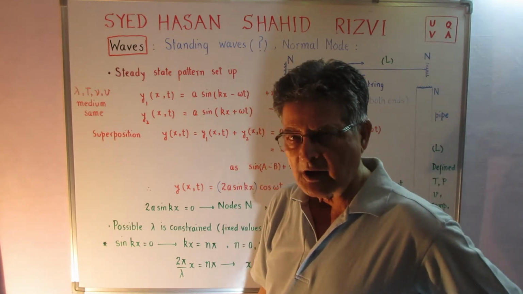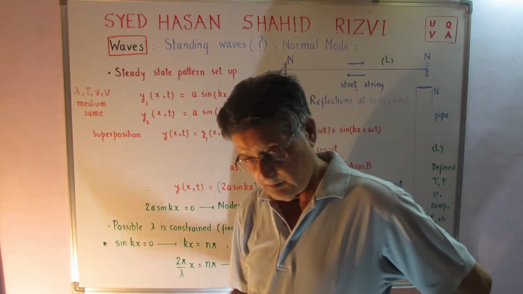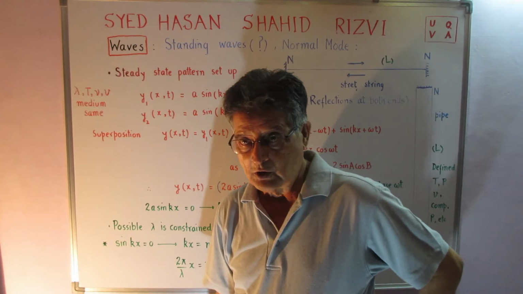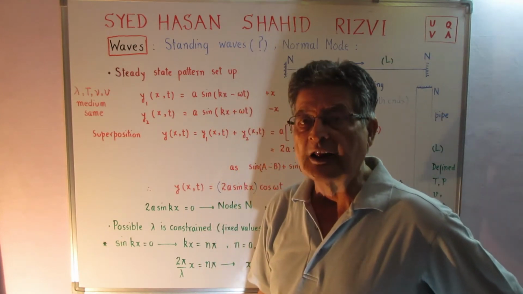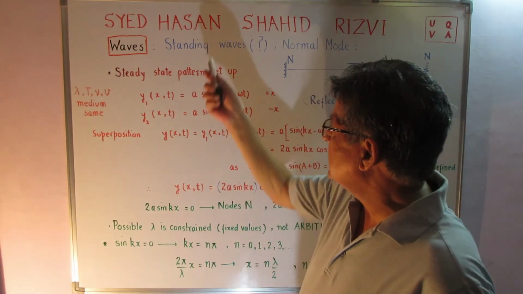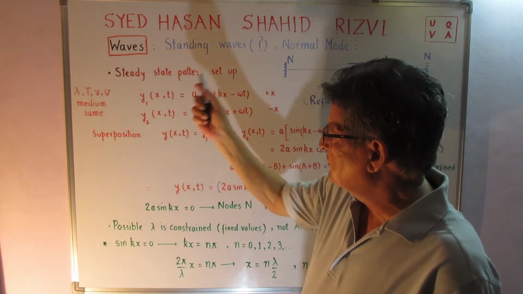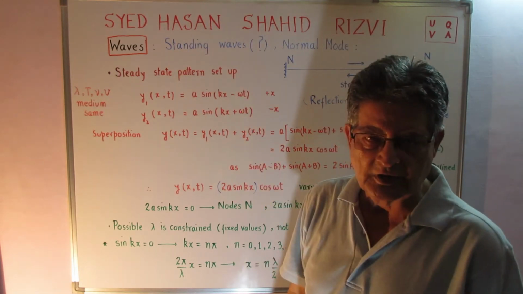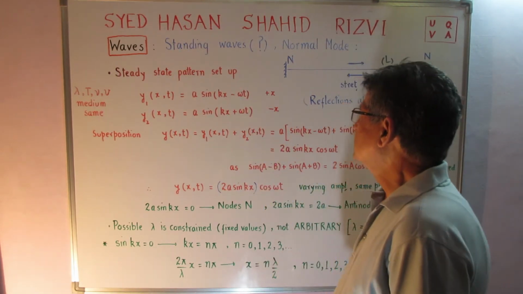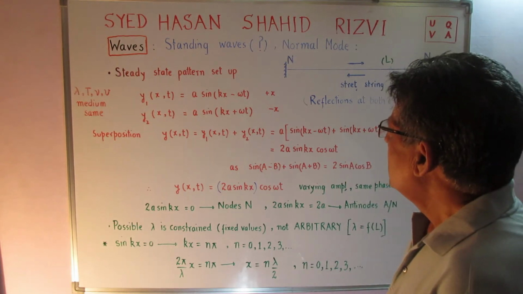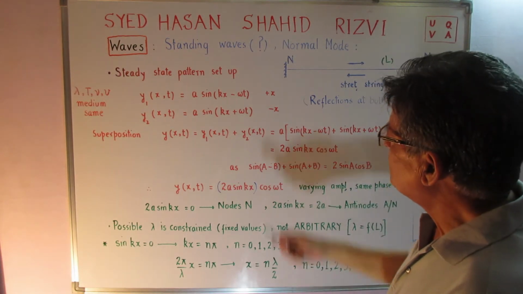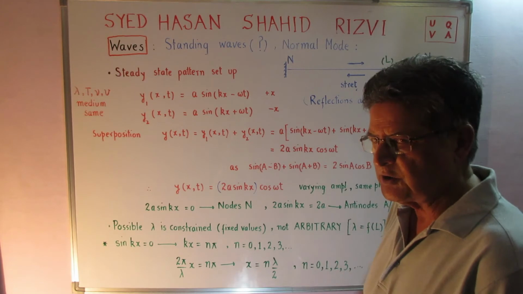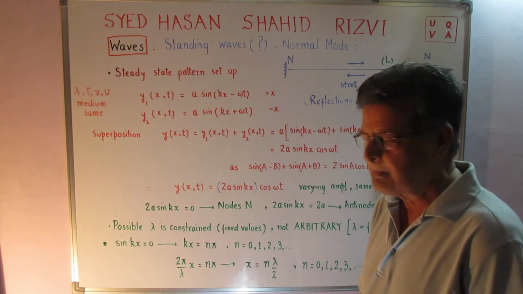So we stand by our history, but we have to tell you that they are not waves, they are oscillations. So standing oscillations or stationary oscillations is another name for this thing. And we are going to find out what is the normal mode of vibration in this case.